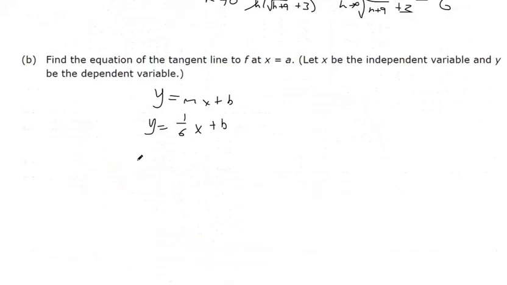So we should be able to plug in 3 for y, 1 for x, subtract that 1/6 from both sides, so that's 2 and 5/6, which is 17 over 6. So it looks like 17 over 6. There's our equation.